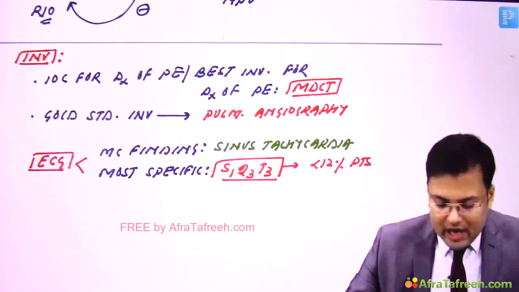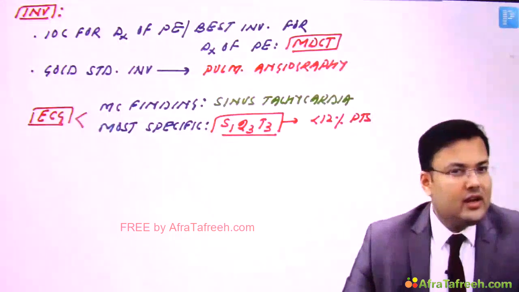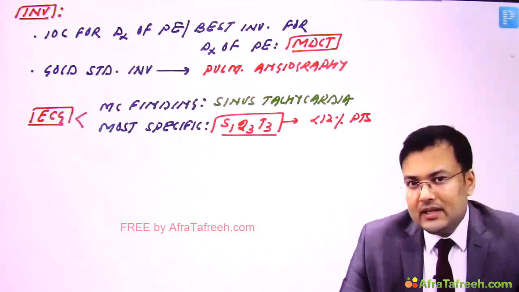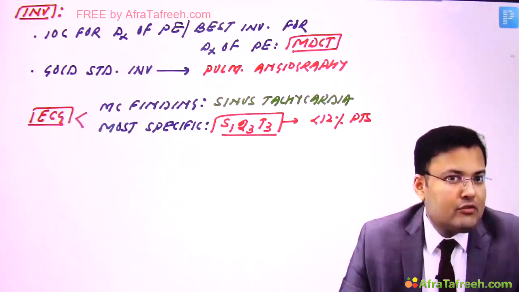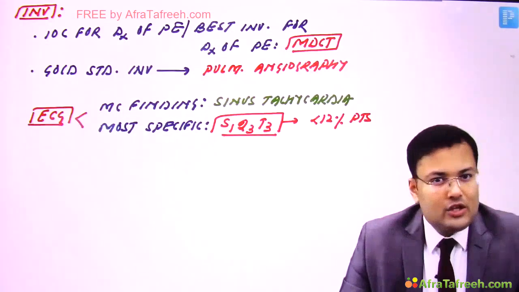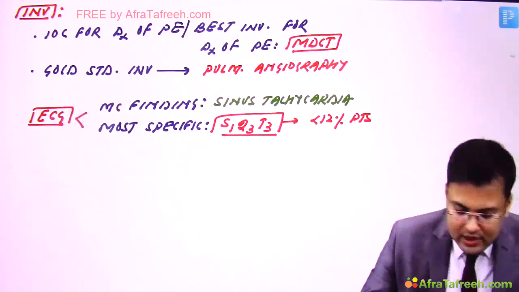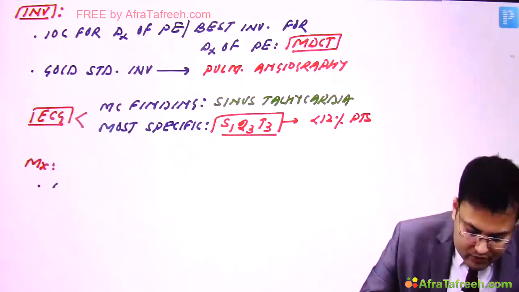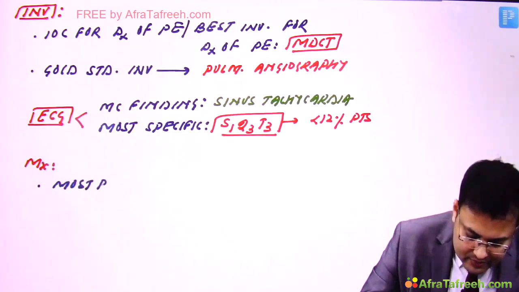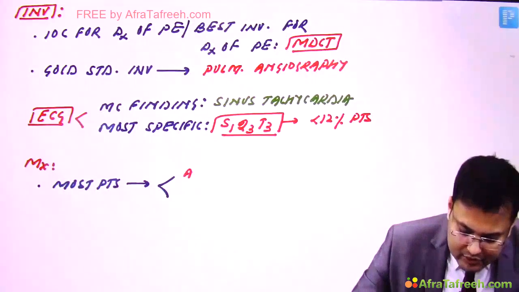Clear? Now how are we going to manage the patients? Since the most important risk factor is DVT, we have to manage DVT, so we start anticoagulants. In the majority of patients, we start anticoagulants and observe the patient.